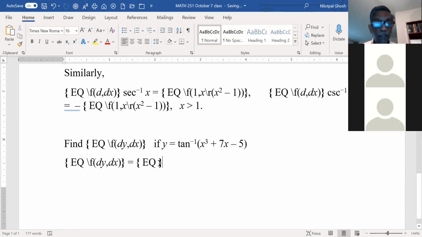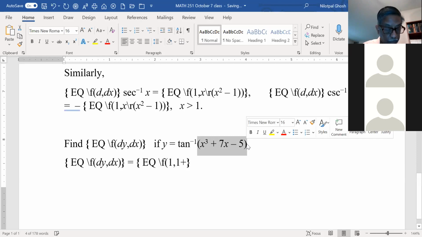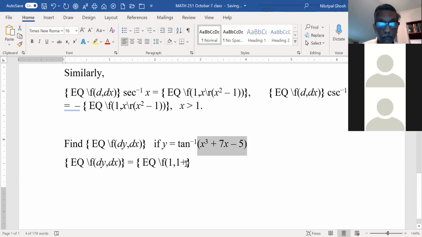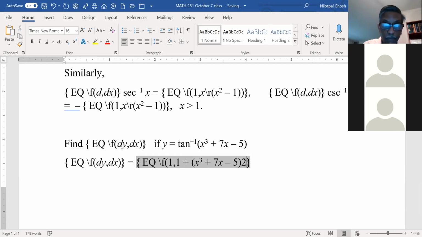So it will be 1 over 1 plus, in parentheses, this thing squared, parenthesis closed, and times the derivative of the inside.